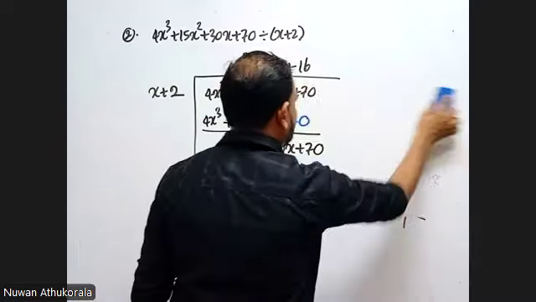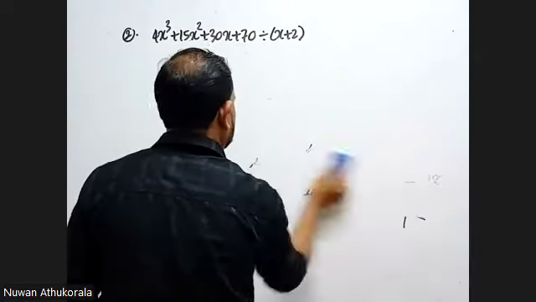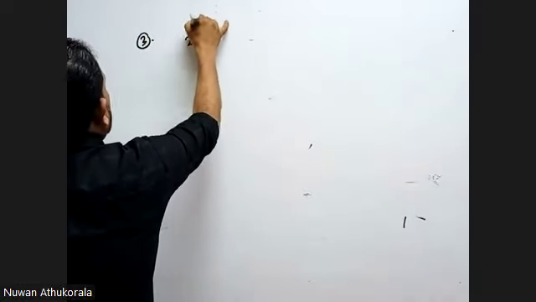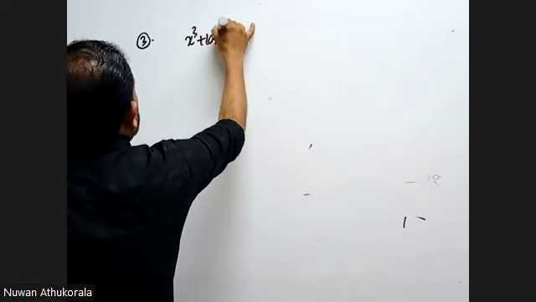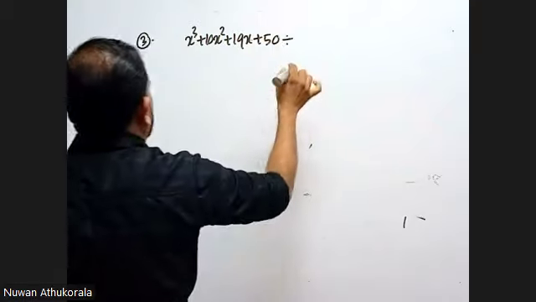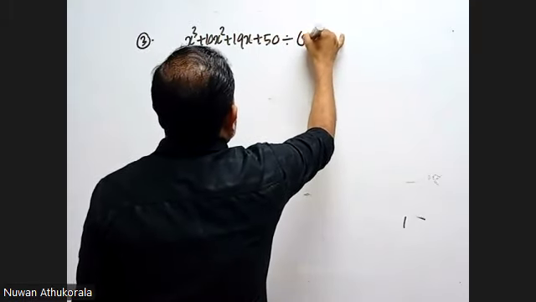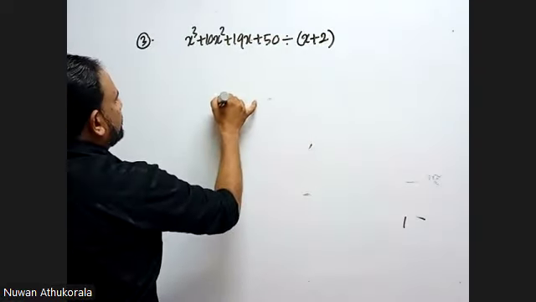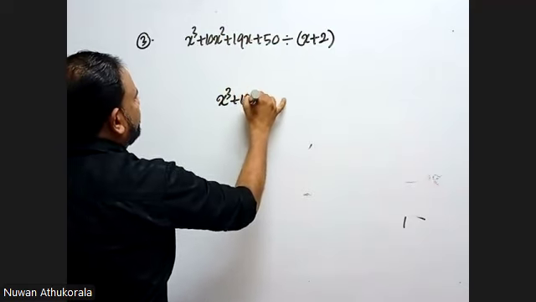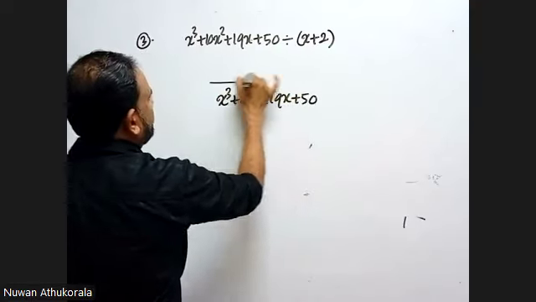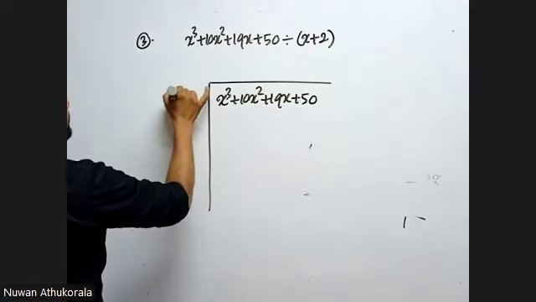Question number 3. x cube plus 10x squared plus 19x plus 50 divided by x plus 2.